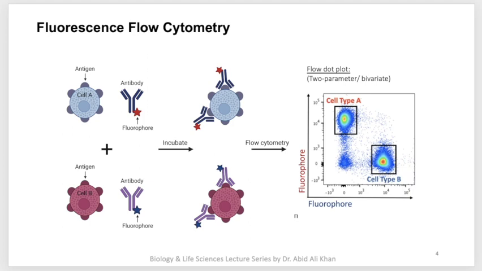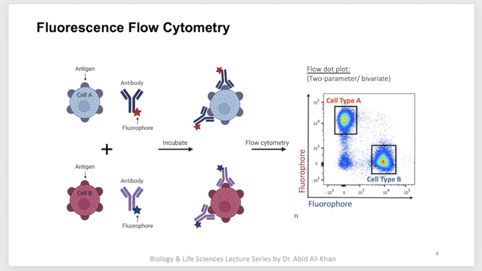In this particular example, we have two cells. We have cell A, which is light blue in color, and then we have cell B, which is reddish maroon in color. And we have these antigens on the cells. You could see they are these semicircular structures. We have antibodies for both. This antibody comes with a fluorophore with a red star.